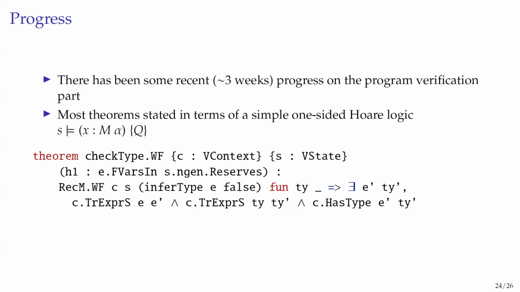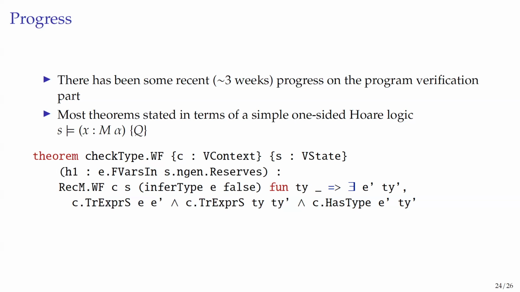Infer type takes two arguments. The first argument is an expression that we're trying to type check, and the second argument is a Boolean value which says, are we type checking it, or do we already know that it's well formed and we just want to know what the type is? So this is the case where we've said inferOnly, which is the name of this, is false. So we're type checking it. The idea is you pass in the expression and then you get a type back.